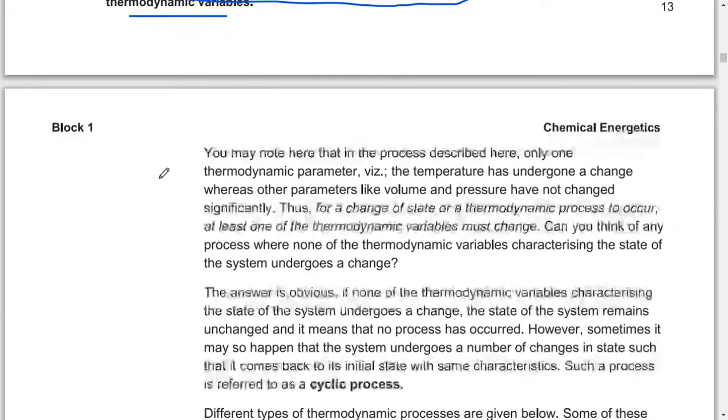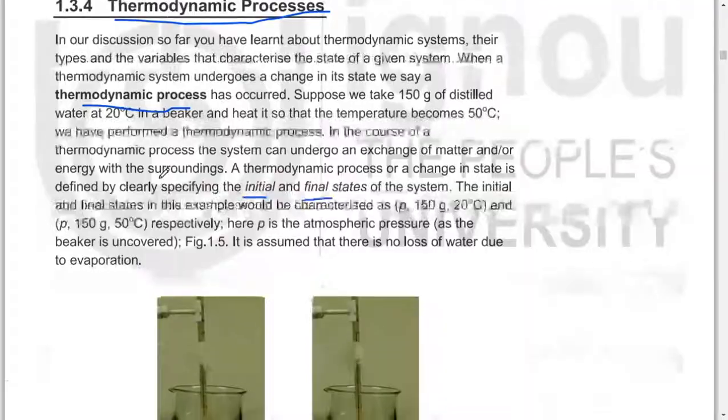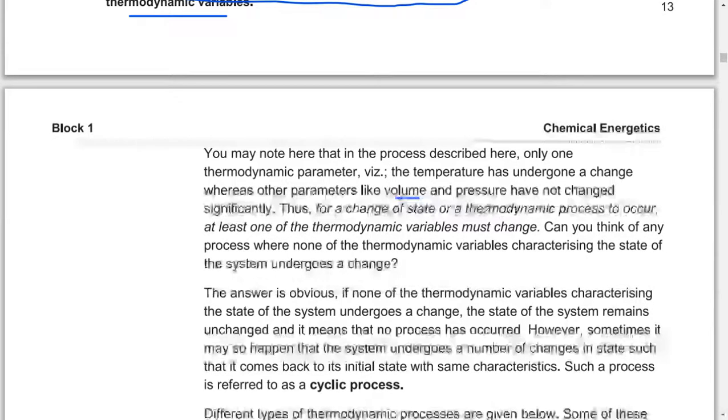You may note here that in the process described, only one thermodynamic parameter, the temperature, has undergone a change, whereas other parameters like volume and pressure have not changed significantly.